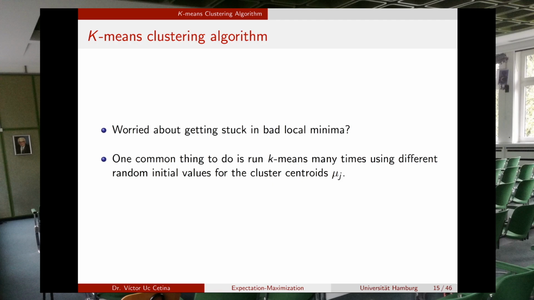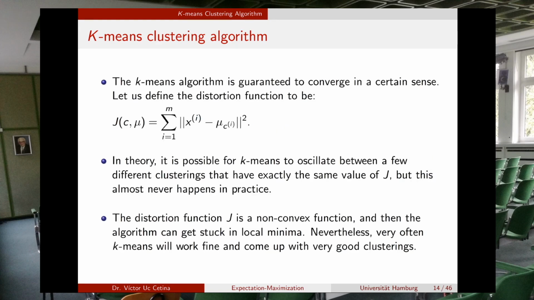So k-means is a very intuitive and very simple algorithm for finding clusters of points. And in the case of this distortion function, let me go back to show it.